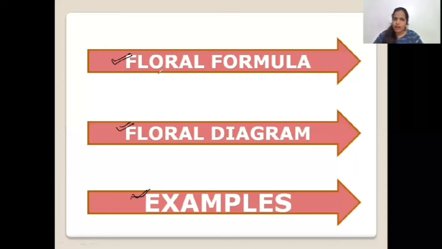So what is floral formula basically? In floral formula, we express the arrangement of floral parts. We start with the first point, that is the symmetry of the flower. The flowers can be symmetrical or asymmetrical, but here the symmetry we show is either actinomorphic or zygomorphic.